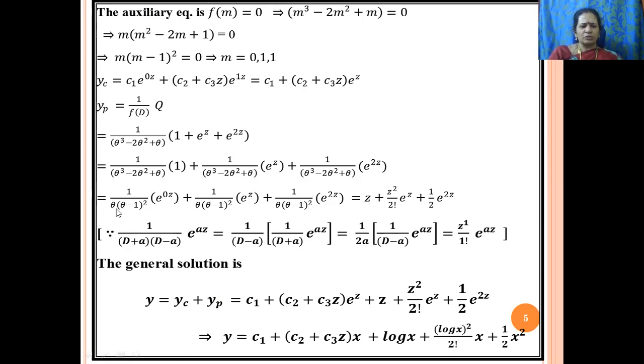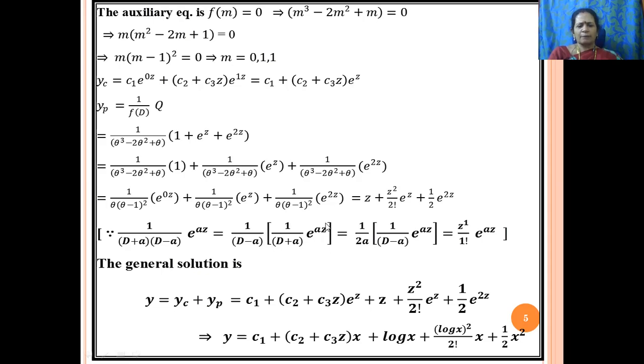If we substitute theta directly, we get 0. So first we separate 1 by d plus a into d minus a into e power az. If we substitute the a value in this, we get denominator 0, no? That's why first we write that value 1 by d minus a outside.